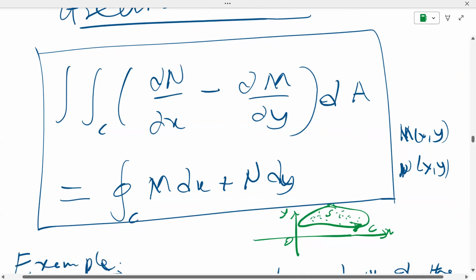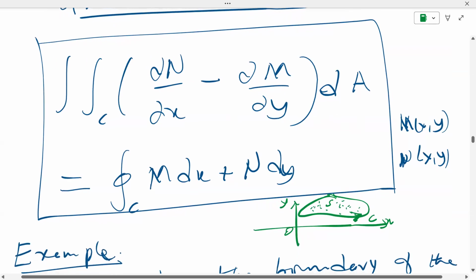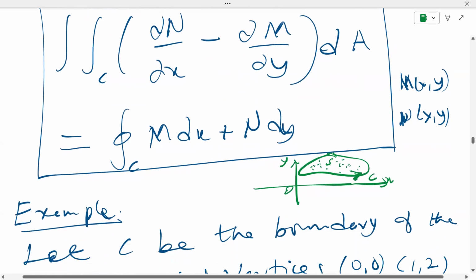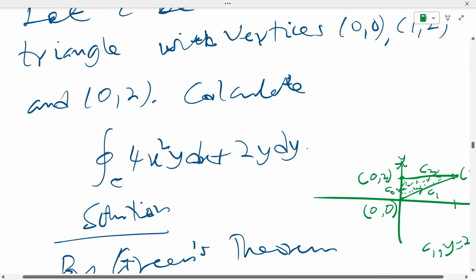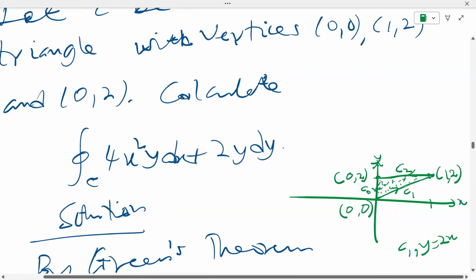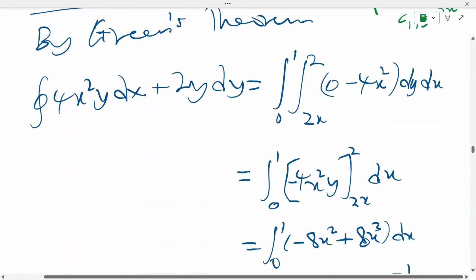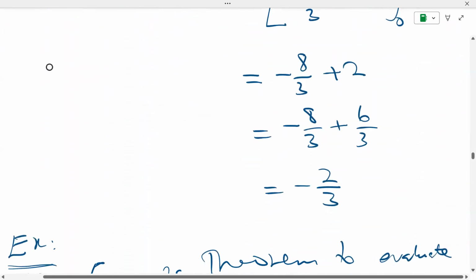We have used that in a question and solved it. So M(x, y) and N(x, y): M is a function of x and y, and N is also a function of x and y. This is the question that we just solved using Green's theorem, and we got our value to be negative 2 on 3.